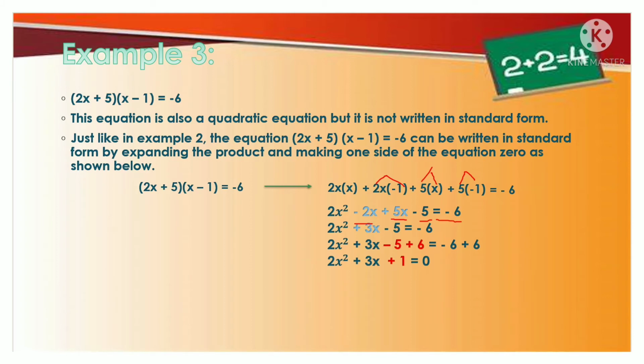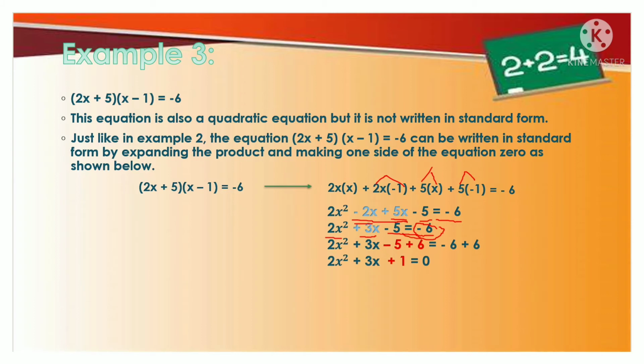This time, let us combine similar terms, which are negative 2x and positive 5x. So bring down 2x squared. Negative 2x plus 5x is positive 3x. And copy minus 5 and equals negative 6. Then we are going to apply the addition property of equality, or we are going to move this number to the other side of the equal sign.